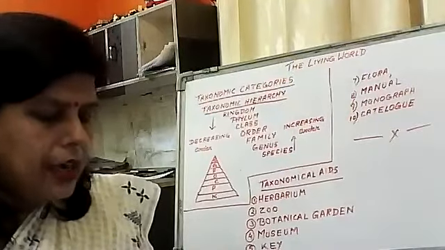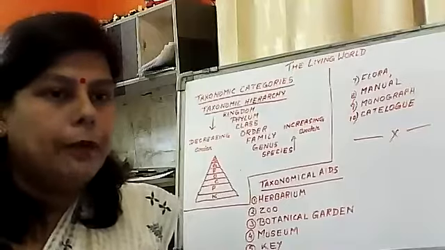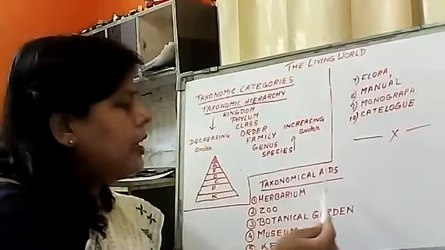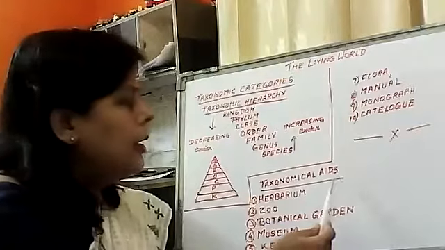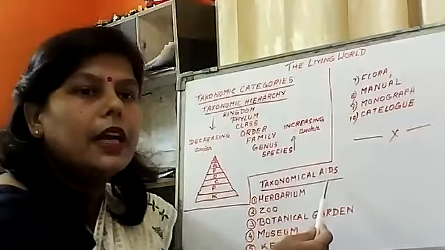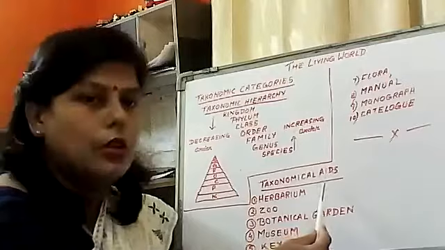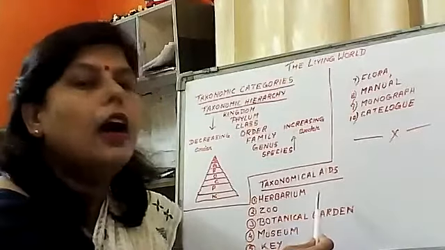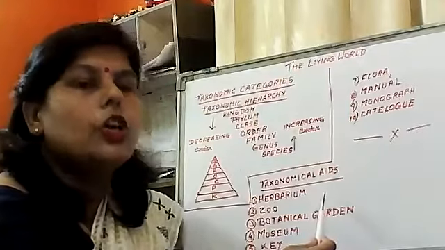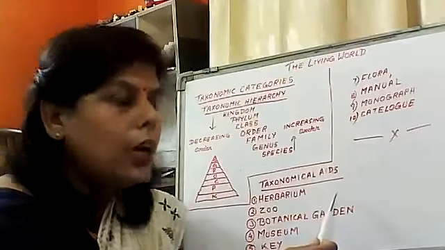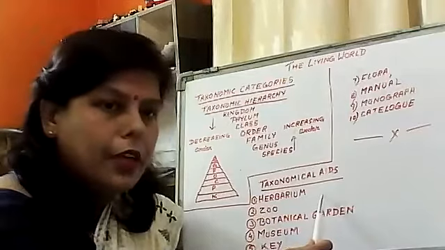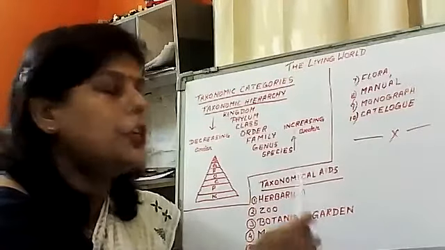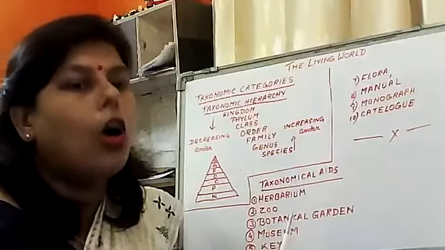Now next is the herbarium sheet. Okay, herbarium sheet now, which is included under the taxonomical aids. Now here the taxonomical aids means the tools which we use to identify an organism, which for a particular individual may be unfamiliar, or it may be one new organism which is totally unknown for all.